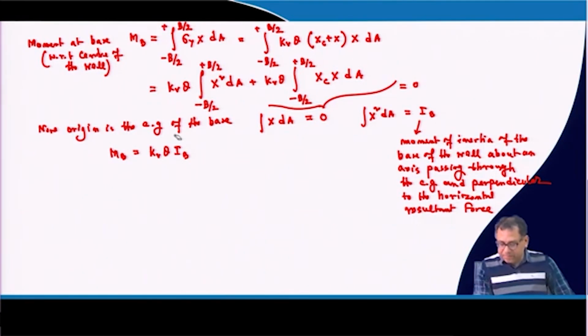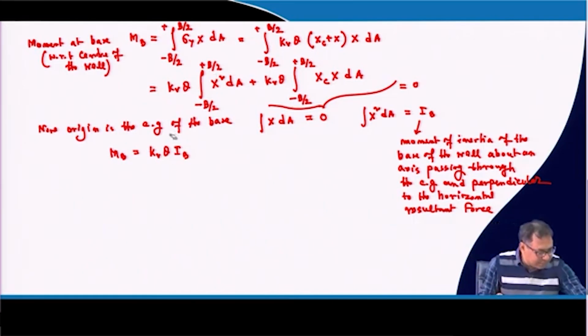So this leaves the x square dA term, and that is I b. So this is your expression for m b.